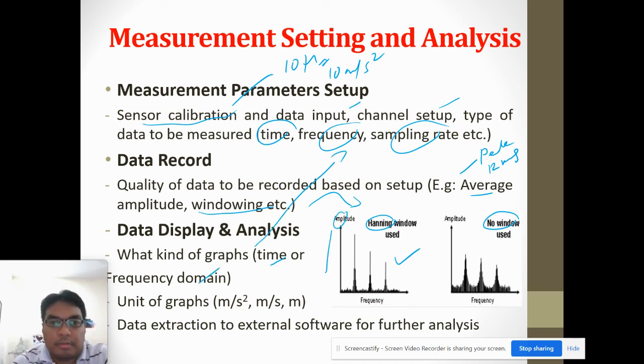The unit of amplitude you can change. Maybe you measure in acceleration, you can convert to velocity and displacement later. And also the data extraction to external software, maybe you want to convert the data to Excel for further analysis.